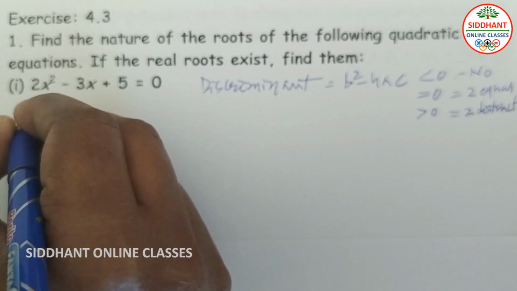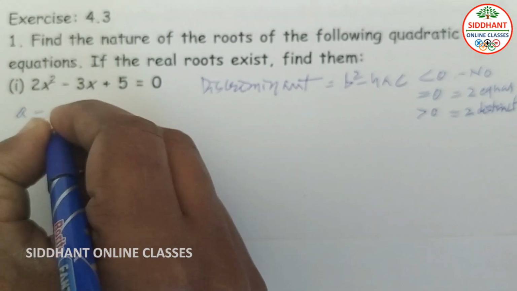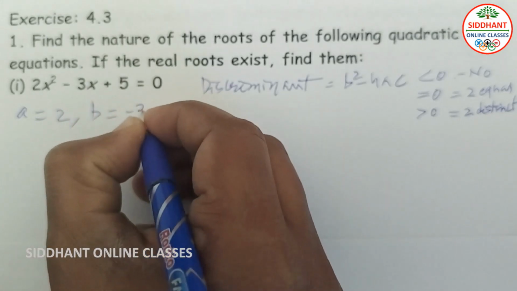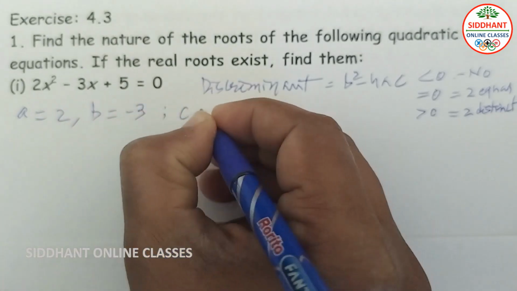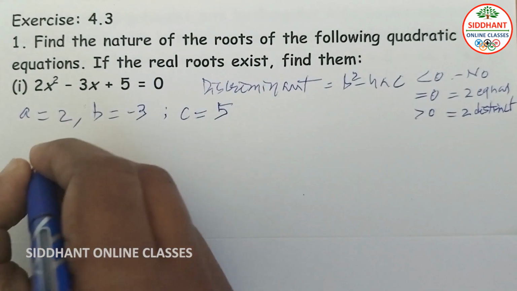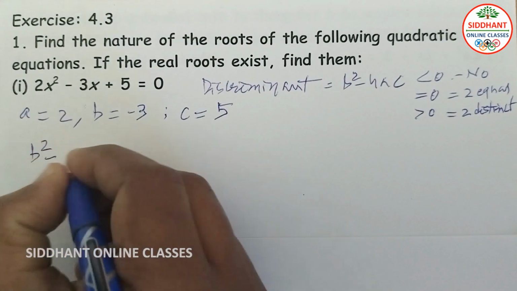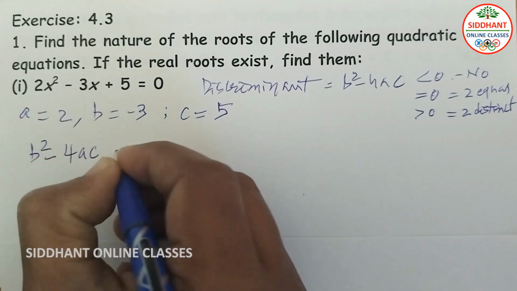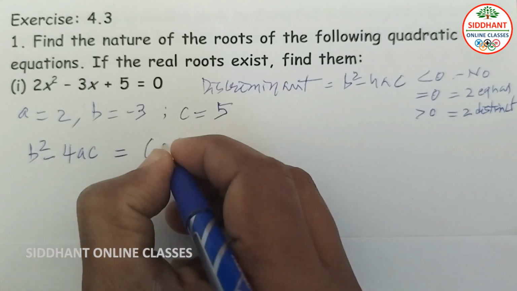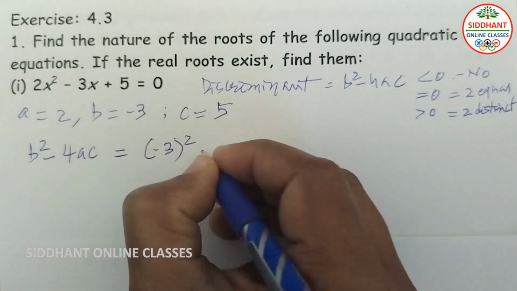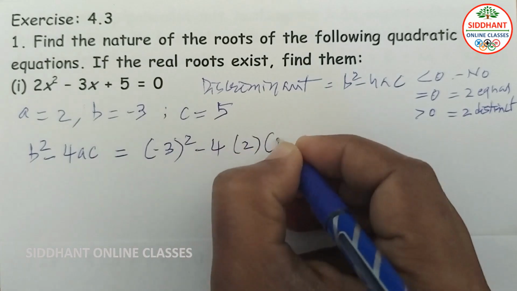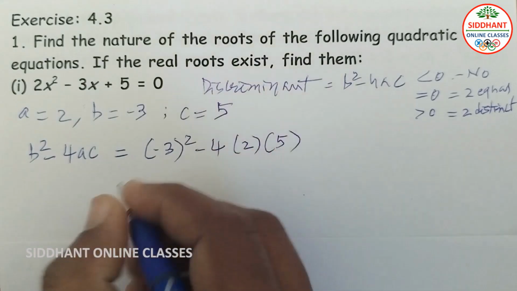So here a = 2, b = −3, c = 5. So b² − 4ac, when you input the data, will be (−3)² − 4 × 2 × 5.